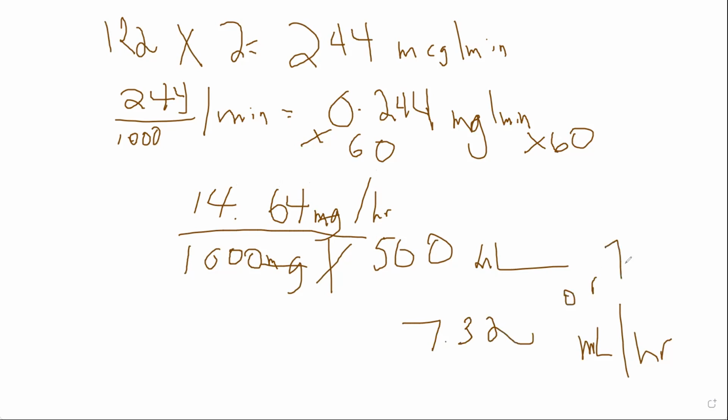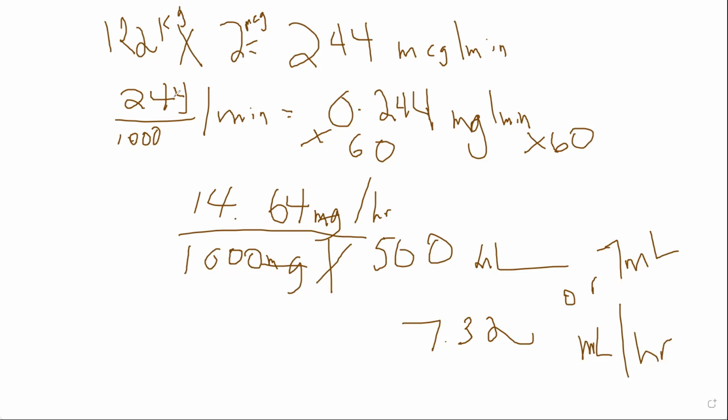I wanted us to round it to the nearest whole number. Is that what you guys got? Yeah. Okay, so I took the weight because it gave us the weight in kilograms, and I multiplied that times our desired dose, which was 2 micrograms per minute. That gave us 244, and that was micrograms per minute.